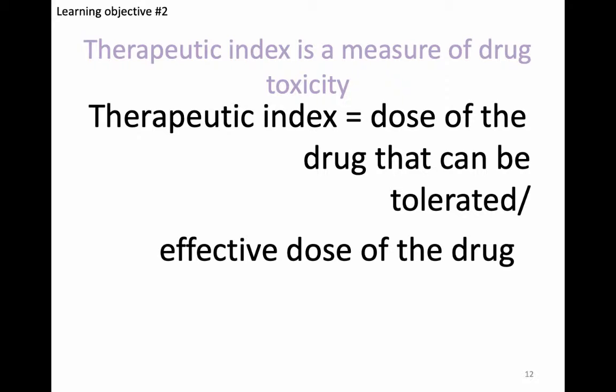The only example of drugs with a therapeutic index of less than 1 that are in use are chemotherapy drugs for treating cancer, because we don't have a better way to deal with cancer. So the drug kills the cancer, but it also damages the host and makes the host very sick. So a higher therapeutic index is ideal, and a high therapeutic index means the drug has very low toxicity.